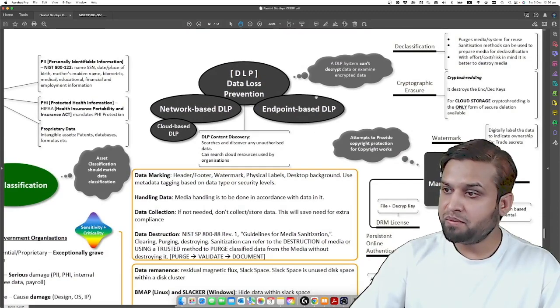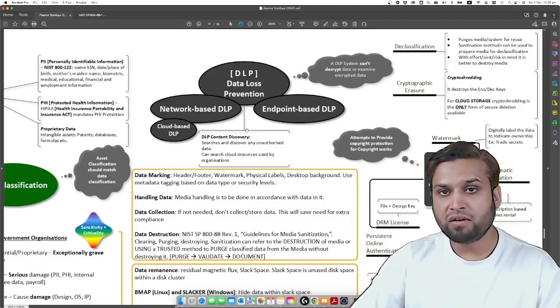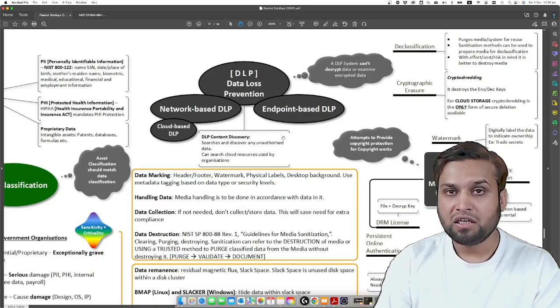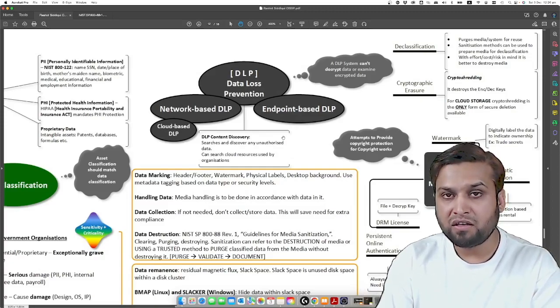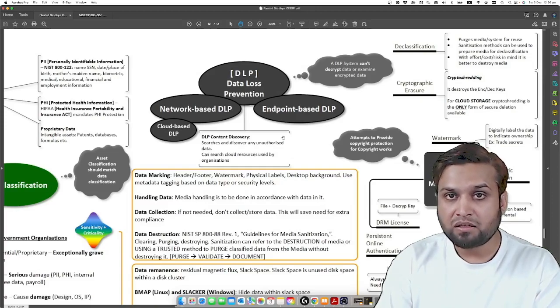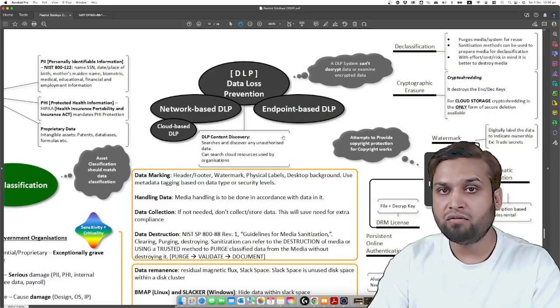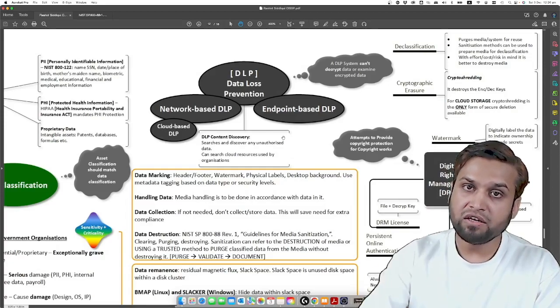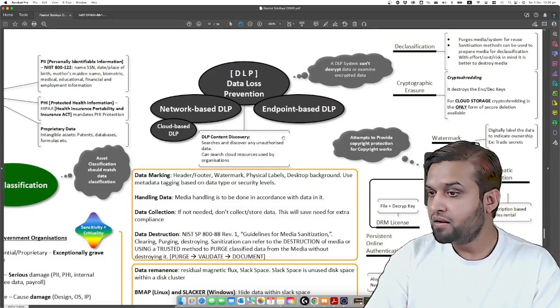Endpoint-based DLP and network-based DLP both have the capability of content discovery, and the content discovery happens on specific tags or specific labels which we let the DLP system learn. We manually feed it, or we scan it, and we select what all critical or important tags and classifications it has to look into to make a decision.